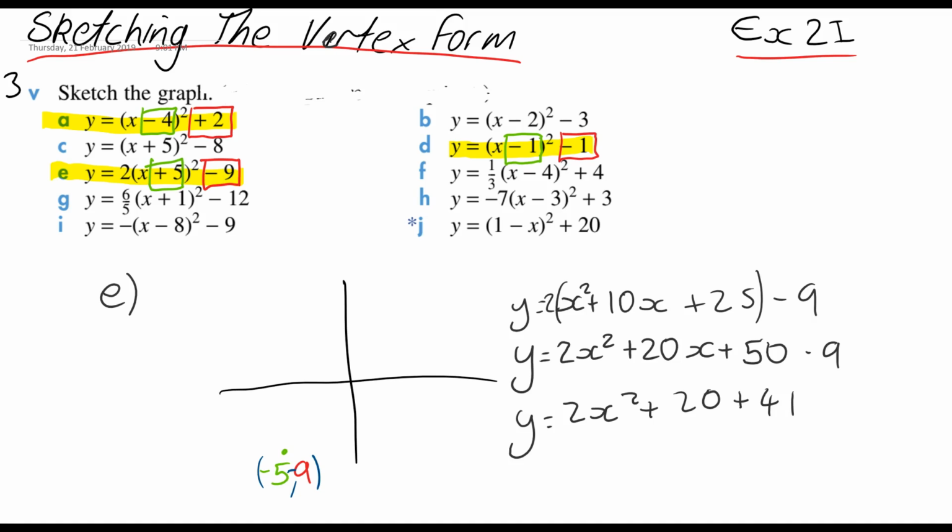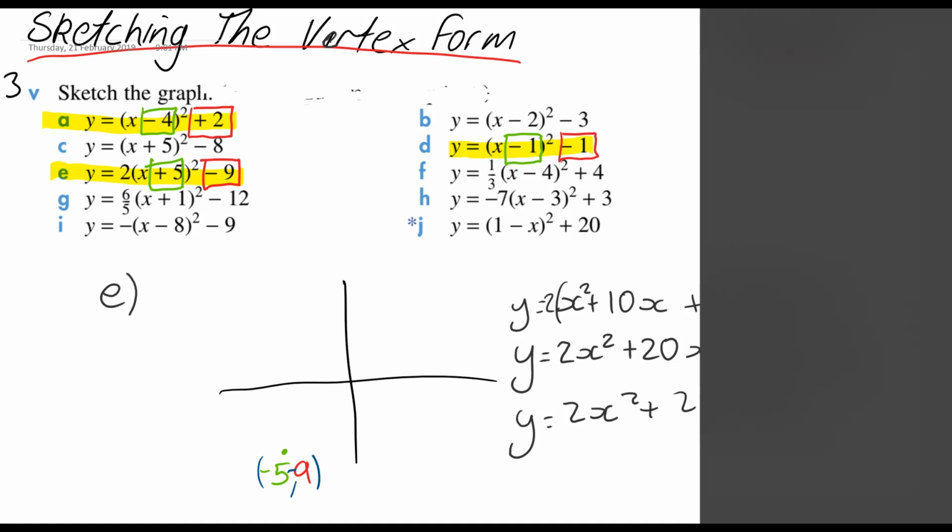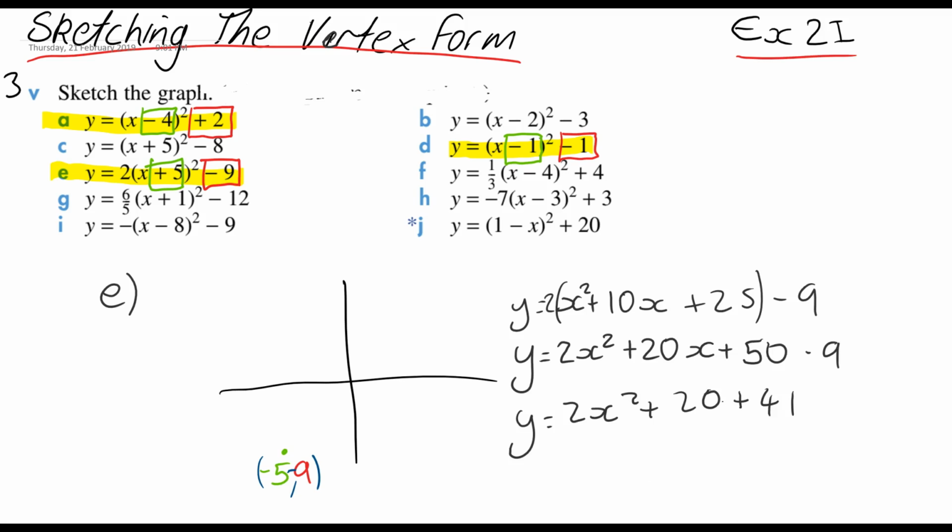Now, 41 is a prime number with no factors. I could put this through the quadratic formula, but we haven't shown you that. So all the things at this point are just going to be whole numbers. For this one, I'll put a little x there because I forgot. You've got the y-intercept of 41, so you can just go 41.